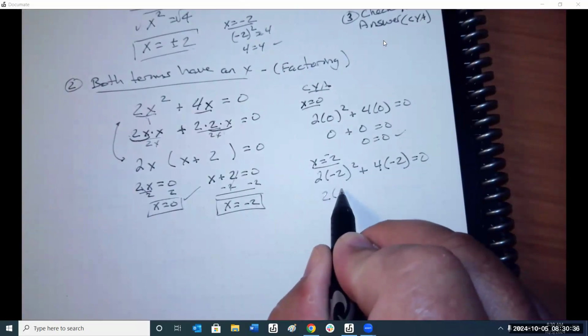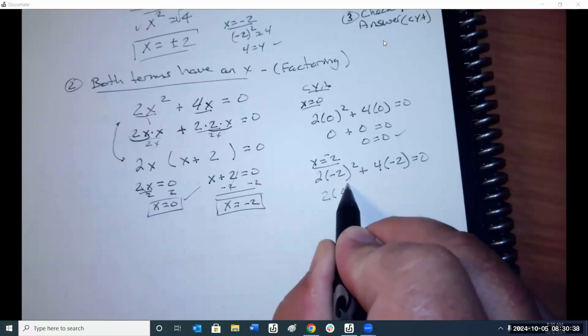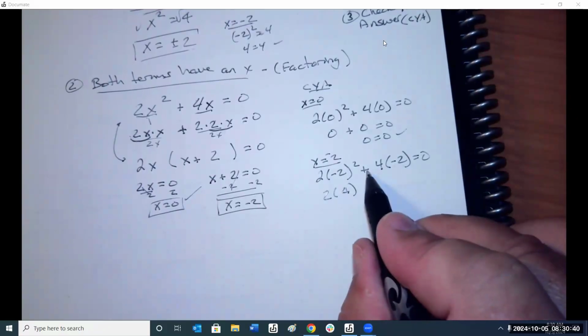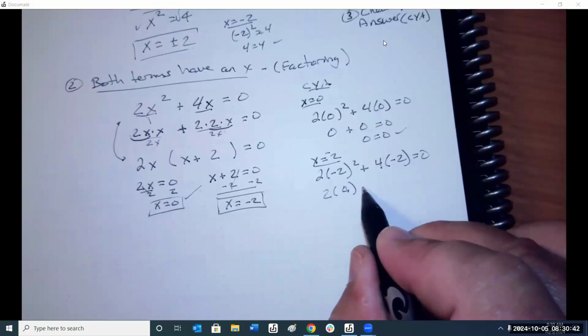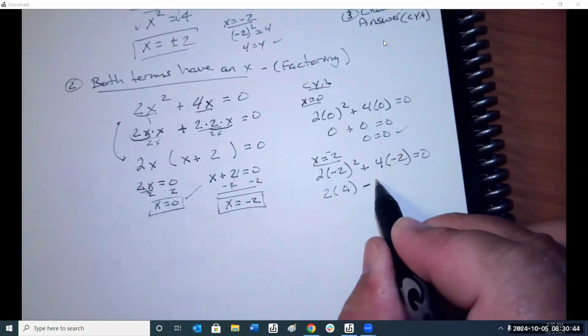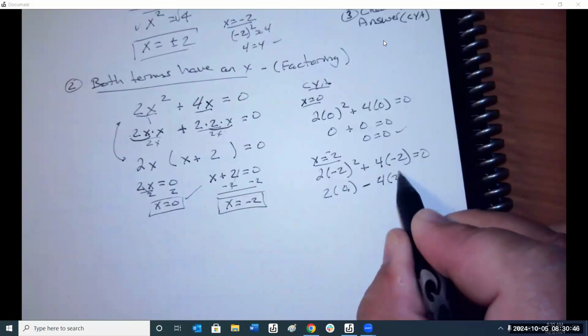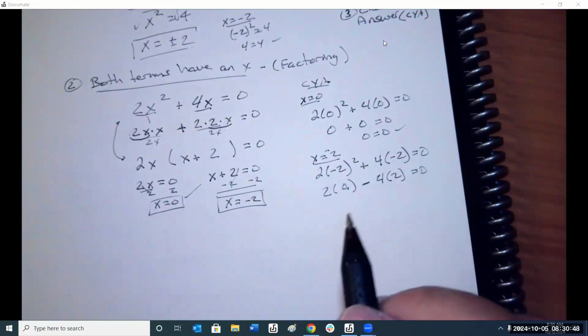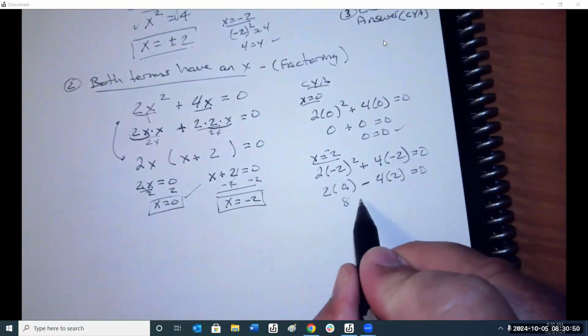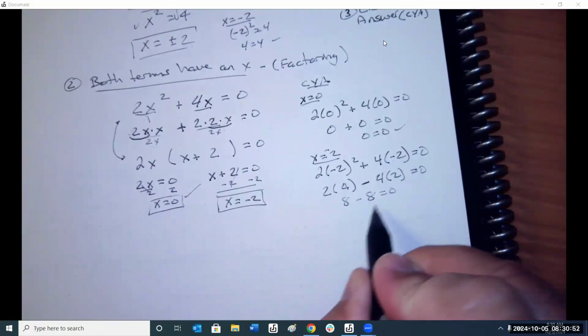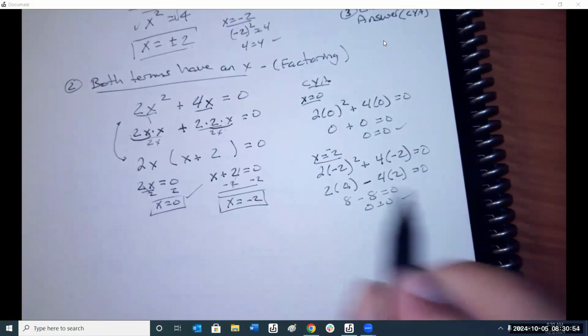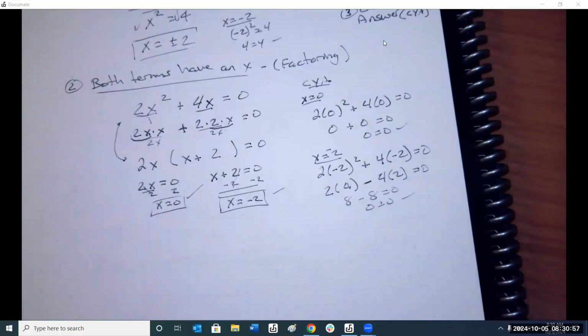So -2 times -2 is +4. Next one is positive times negative is negative, 4 times 2. So 2 times 4 is 8 minus 8 equals 0. So they're both solutions.